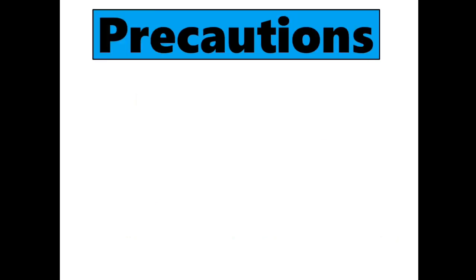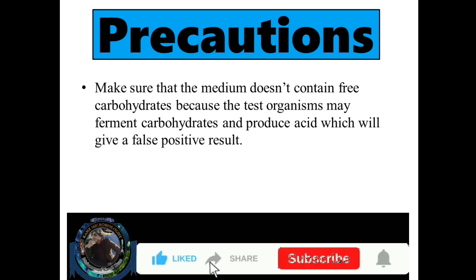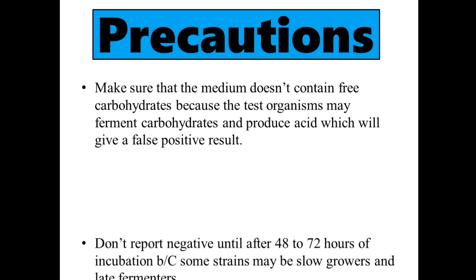This is the result. If we talk about the precautions, remember that carbohydrates should not be used in this case. Why? If we use carbohydrates, the media will produce acid, and a false positive result will be detected.